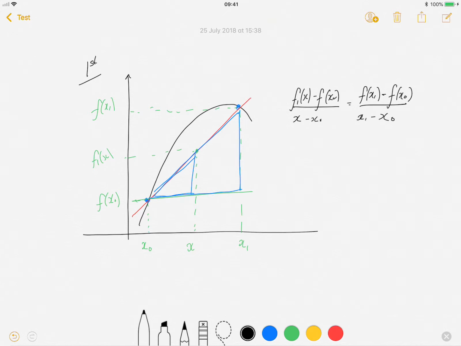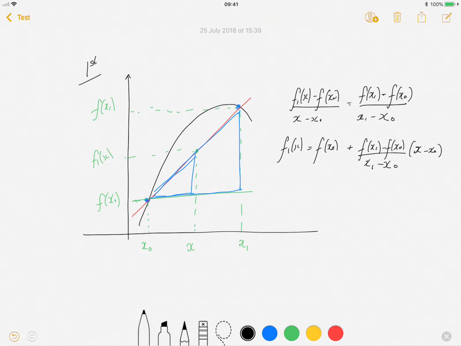Now we can rearrange this to get our first order approximation, that is f1(x) is equal to f(x0) plus (f(x1) minus f(x0)) divided by (x1 minus x0) multiplied by (x minus x0).